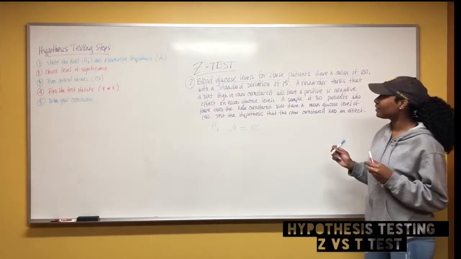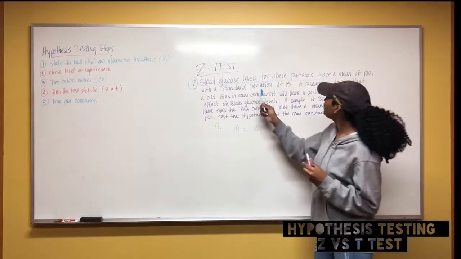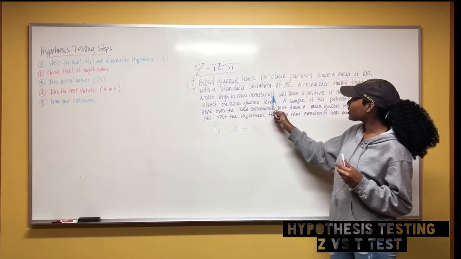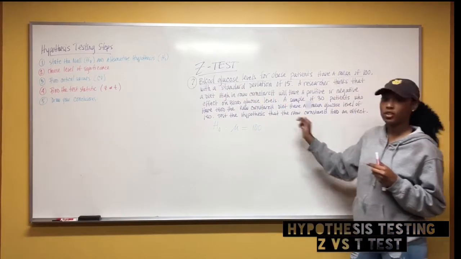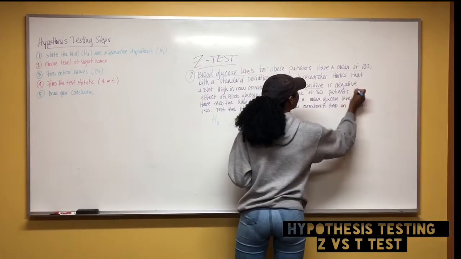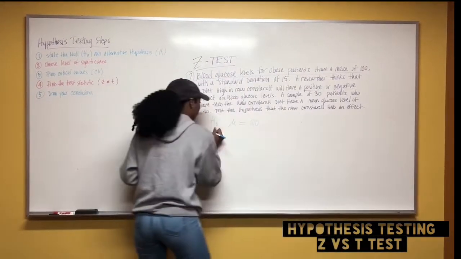Then second, I'll identify our alternative hypothesis. A researcher thinks that a diet high in raw cornstarch will have a positive or negative effect on blood glucose. This is our alternative. It said positive or negative, so this means we're going to have not equal to.